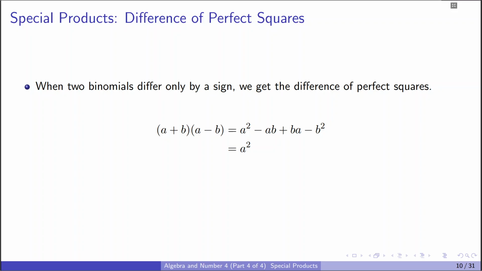Minus ab plus ba is the same as minus ab plus ab, because order doesn't matter in multiplication. That's 0. Our negative b squared comes through. That cross term is just 0. We don't write it. So if the only difference is a sign, we get a squared minus b squared.